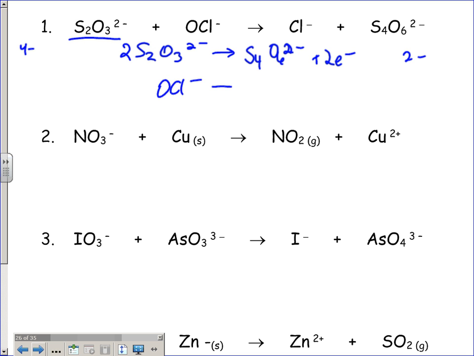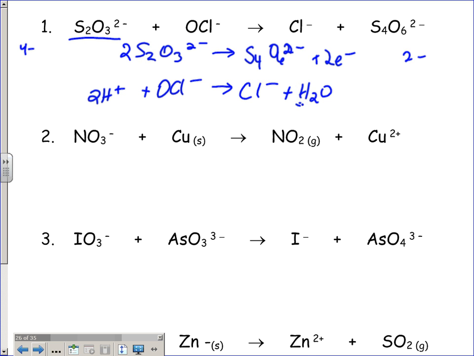Second one. All right. Chlorine's balanced. Check. Oxygen's balanced. No. Where am I adding? One water on the product side, and now I have 2 H's there. 2 H pluses to the reactant side. Charge on the reactant side?